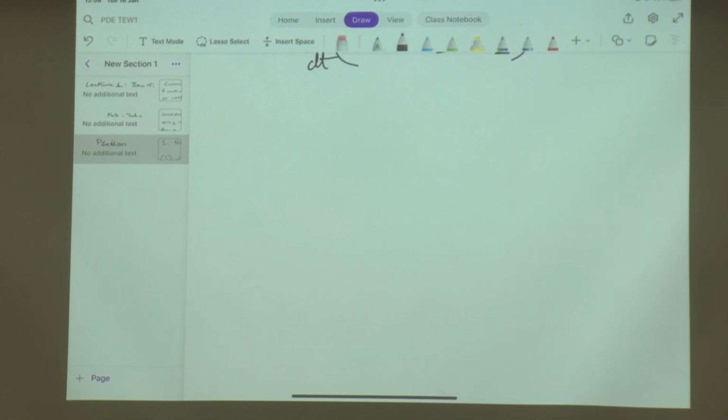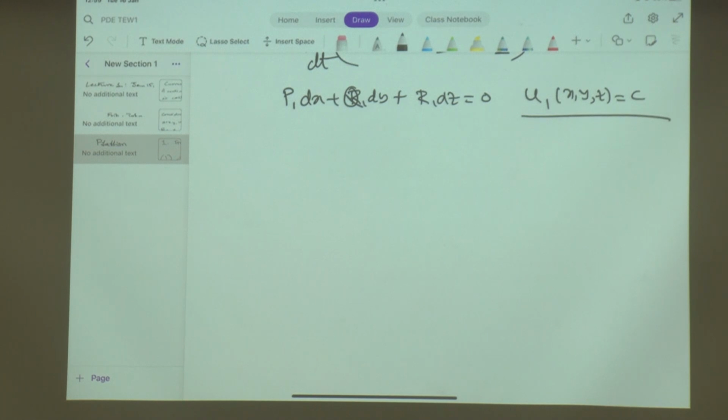So let's look at this. Now we have P1 dx plus Q1 dy plus R1 dz equal to 0. Let us call the solutions of this U1 of x, y, z equal to constant. Similarly with index 2, you take U2.